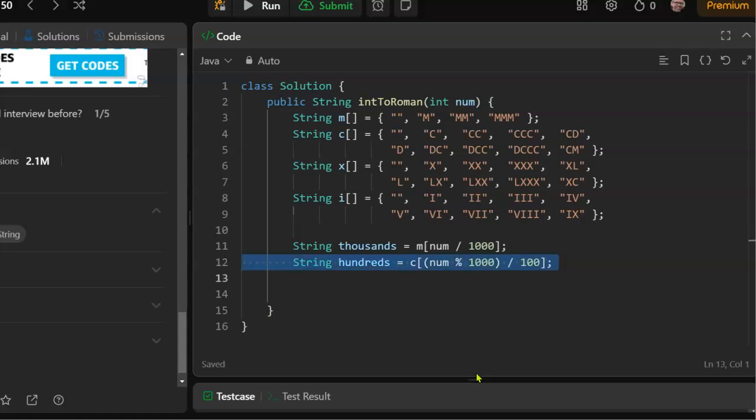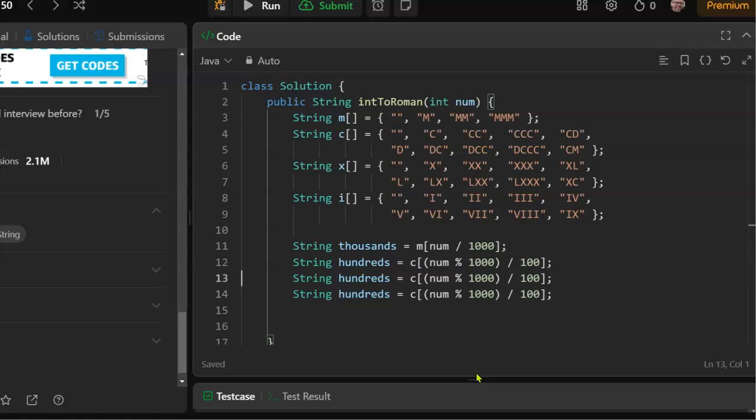One more, I'm going to copy that. Well, I'll copy both of them. Hundreds, tens would be the X array. That is going to be num mod 100 div by 10, and the ones, whoops, what happened?